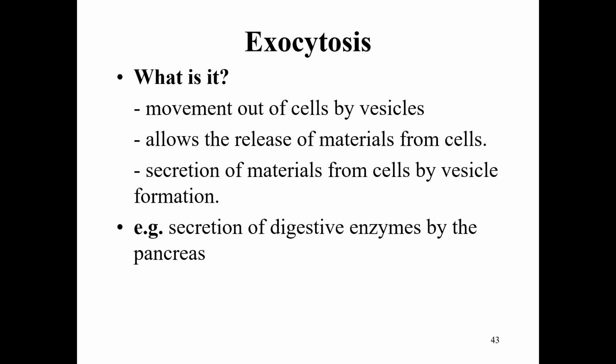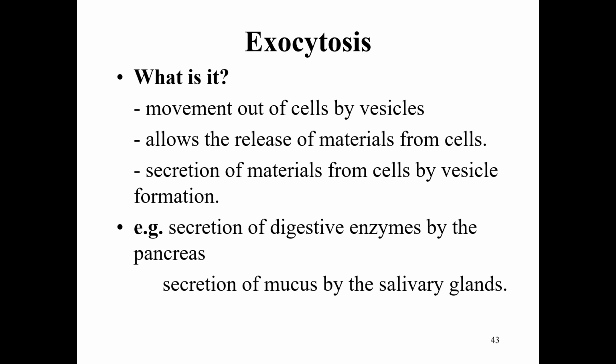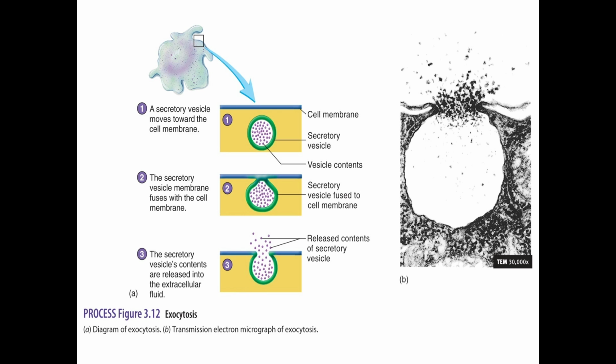A good example is the secretion of digestive enzymes by the pancreas and the secretion of mucus by the salivary glands. So this is the opposite: a vesicle forms inside the cell, slowly reaches the cell membrane, and opens up in the cell membrane, releasing what is contained in the vesicle.